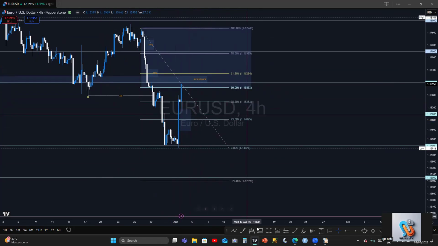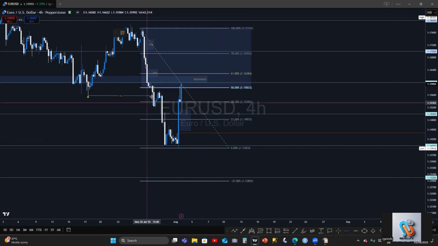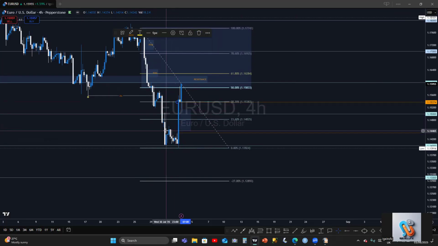If you take the high of this previous candle before this long one, and the low of this white candle, you discover that there is a gap. Normally, price actions don't print leaving a gap like this.